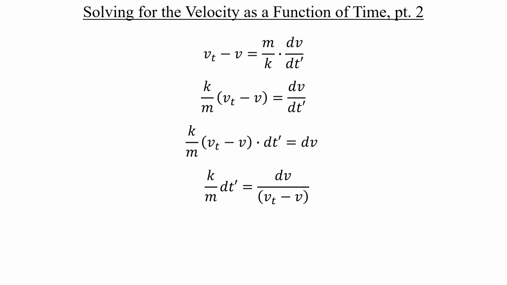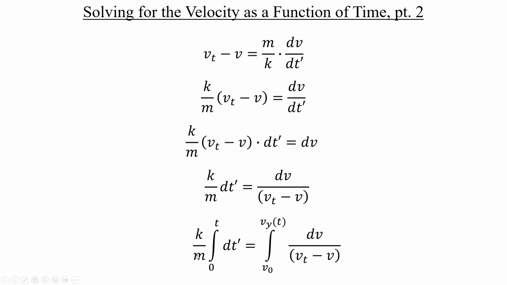Everything is now considered separated, and at this point we can integrate both sides with the appropriate limits, like this. On the left, k over m doesn't have any time variables involved, so it's been factored outside the integral. It's treated like a regular constant.